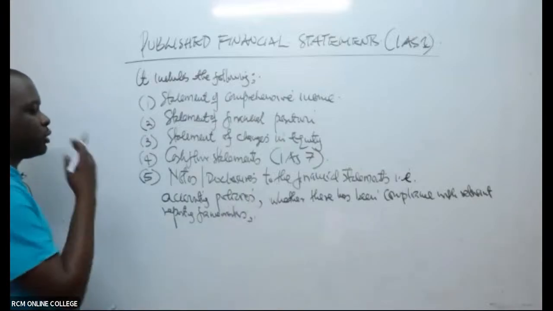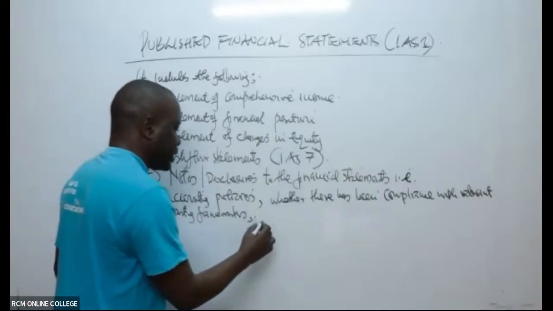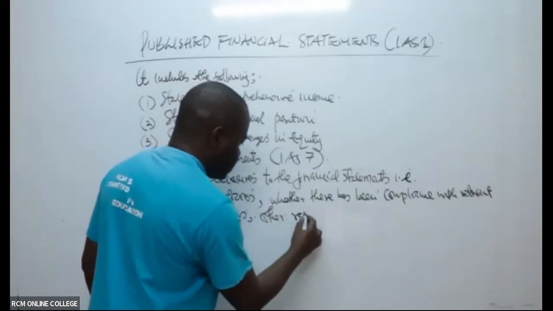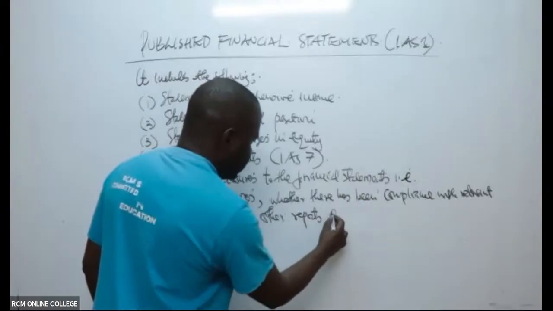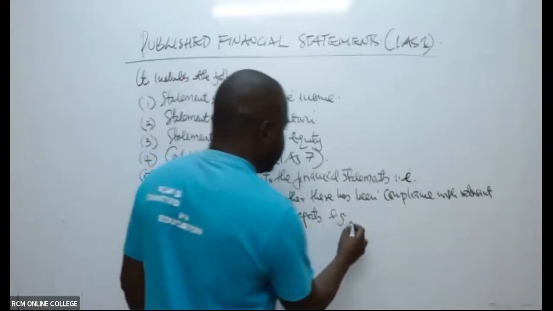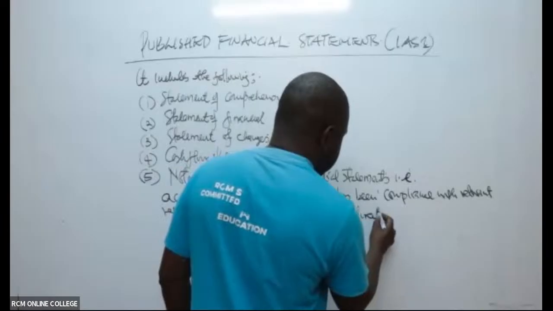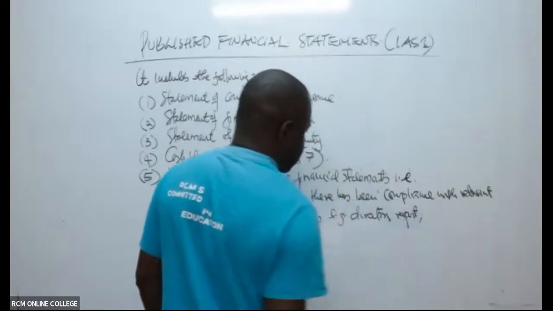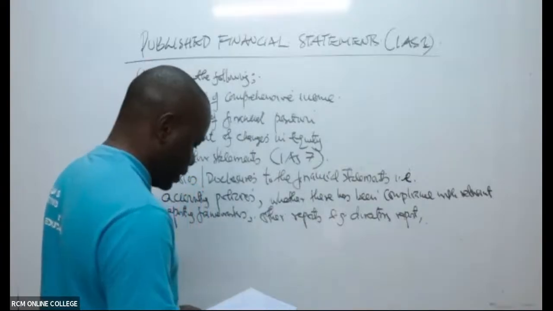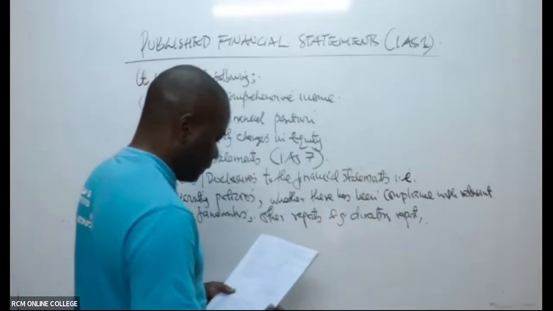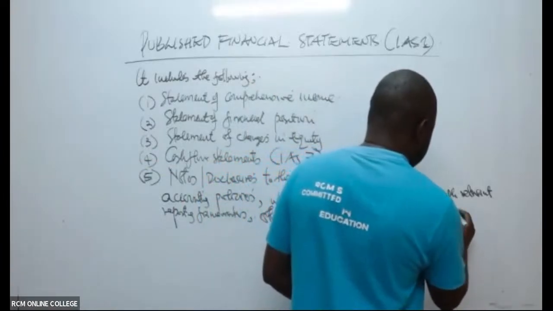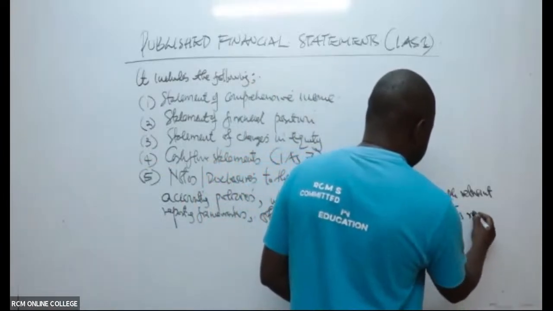Then, of course, you can include here other reports. In the notes, you can include other reports, e.g., the director's report. You can include the auditor's report, which can also be attached.